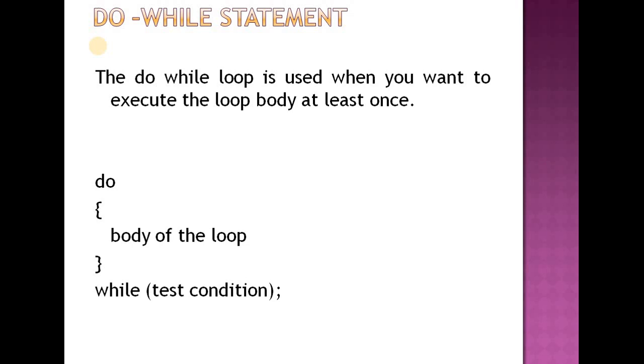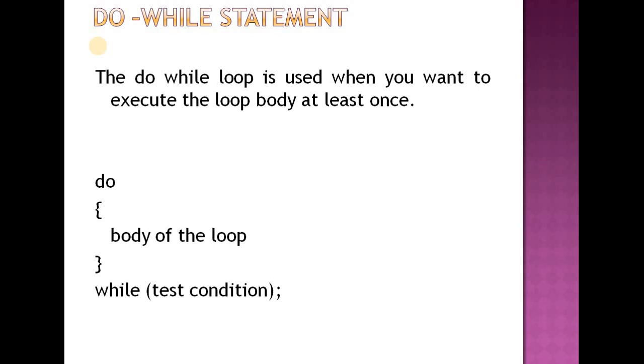So in the while loop the condition is checked first and then the loop is executed. Opposite to that is this do while statement, in which the loop is executed once for the first time and then the condition is checked. Sometimes it might be necessary to execute the body of the loop before the test is performed.